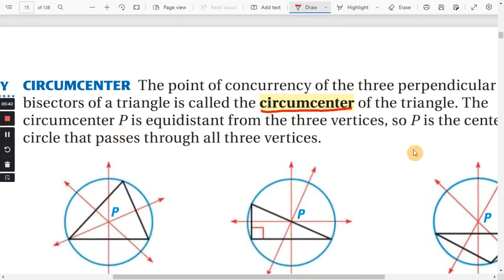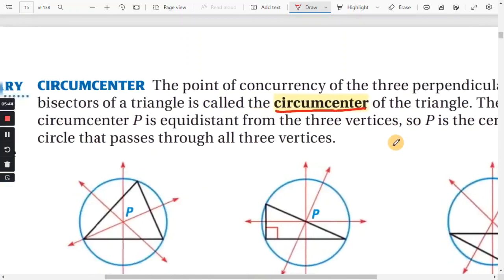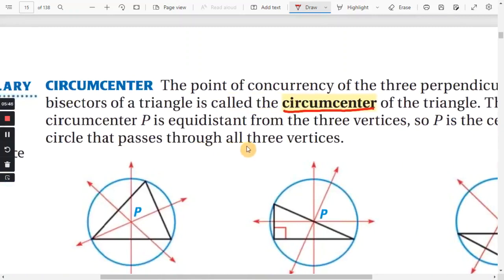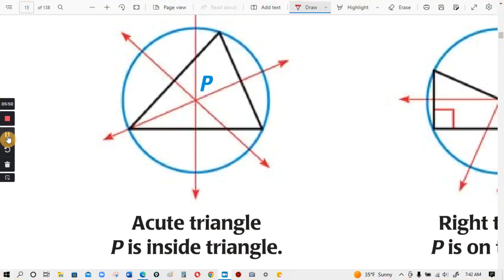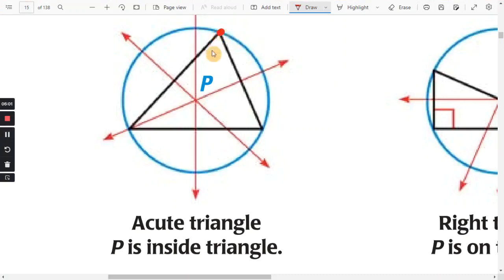So P is the center of a circle that passes through all three vertices. Let's take a look. These lines in red are the perpendicular bisectors. See how for this triangle they drew a circle that meets all three vertices of the triangle. Point P is the circumcenter, but it is also the center of the circle.